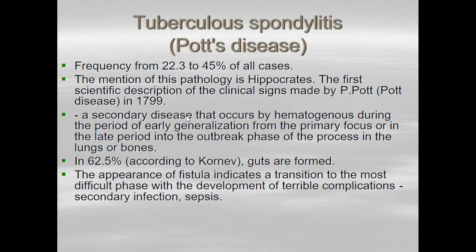It is a secondary disease that occurs hematogenously during the period of early generalization from the primary focus, or in the late period during the outbreak phase of the process in the lungs or bones. In 62% of all cases, according to Corliss, fistulas are formed. The appearance of fistulas indicates a transition to the most difficult phase, with the development of terrible complications, secondary infection and sepsis.